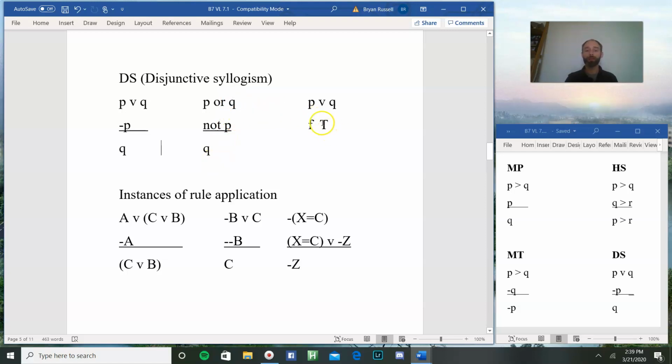And calling back to the last chapter, if we know that this wedge is true and we know that P is false, well, in order for a wedge to be true, one part of it has to be true. So if P is false, then in order to make that true, Q would have to be true, right? And that's exactly what this rule is saying.